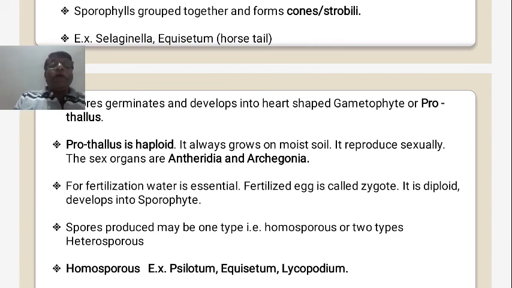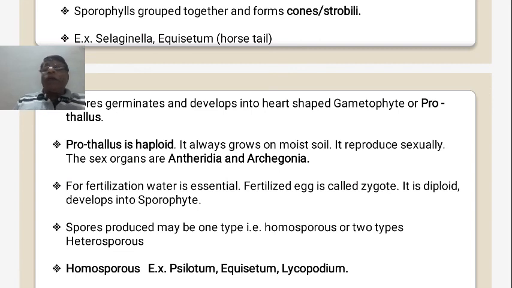Okay. Now, I told you during asexual reproduction, the spores are formed. The spores produced may be one type or two types. If all the spores produced are similar, it is called homosporous. If the spores formed are of two types, heterosporous. A very important point for the examination.